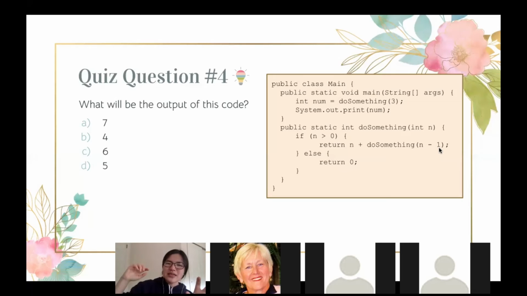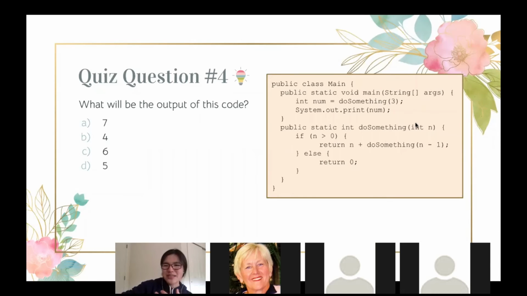If you think about it, it's n plus n minus 1 plus n minus 2 plus n minus 3, all the way down to 0. So this is basically a summation. If n equals 0, it will return 0.